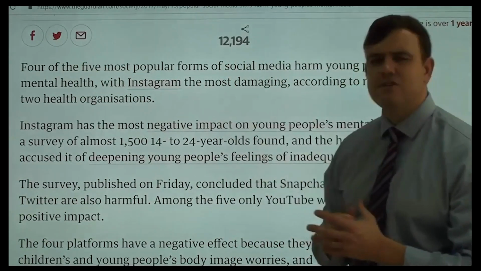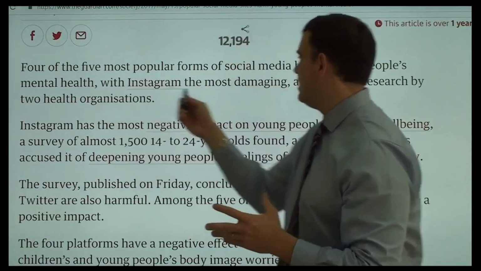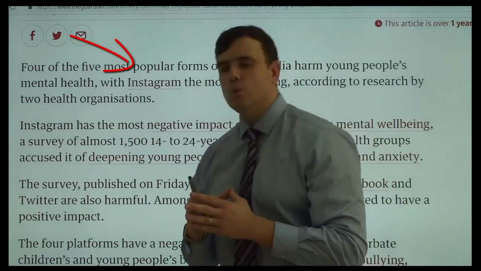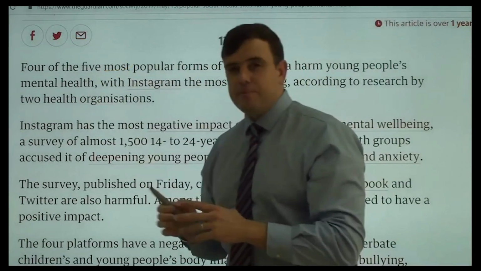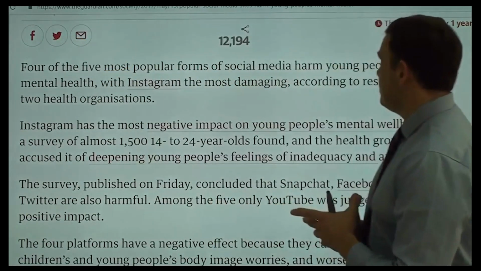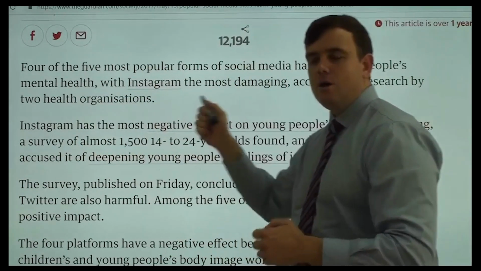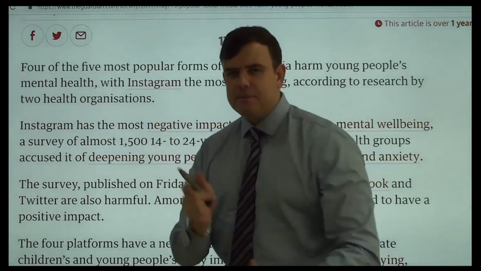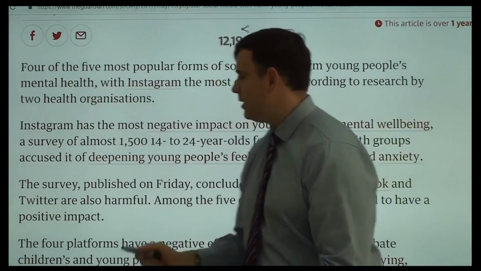And it mentions here with Instagram as the worst one, right? Instagram is seen here as the worst one here for mental health. So once again, the first paragraph will reveal a lot of information, right? So don't forget that you're skimming for information. So we're looking at the title, the subtitle, pictures, and also the first paragraph of each reading.